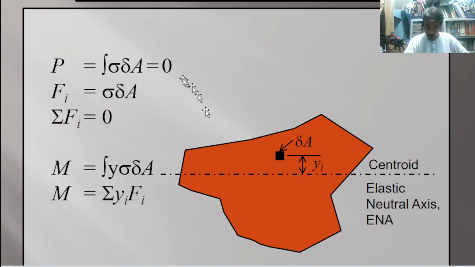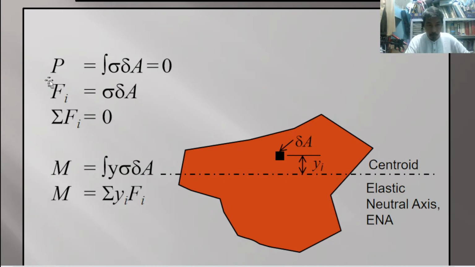Okay, 0 because we are in equilibrium. Okay, so reactions will cancel out with the initiating force. Okay, so force will cancel out for every reaction, so they will all cancel out into 0.